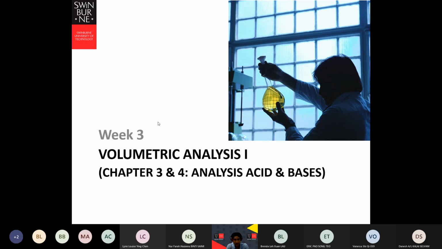Now, volumetric analysis. What happens if we cannot form a solid out of mixing two liquids, reactant A, reactant B, and product C is forming, but for product C we cannot produce any solid? So what, we cannot analyze it?